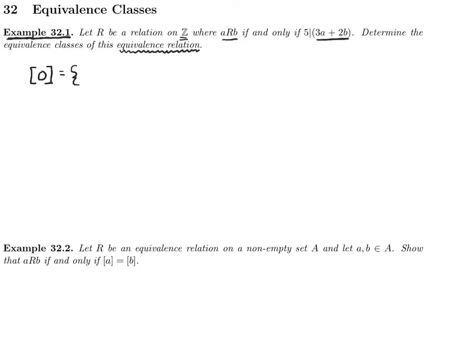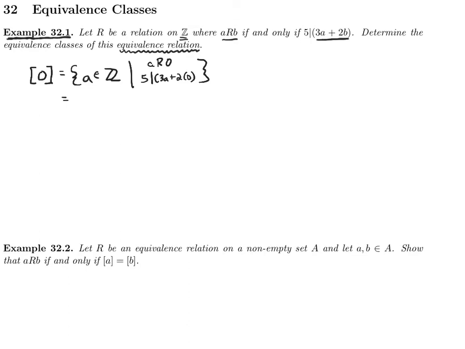Well, this is going to be all integers a such that a is related to 0, or if you like, 5 is a factor of 3a plus 2 times 0.